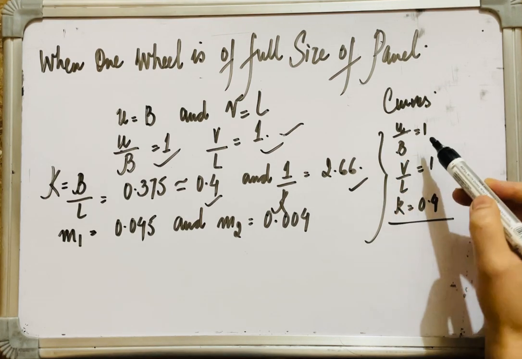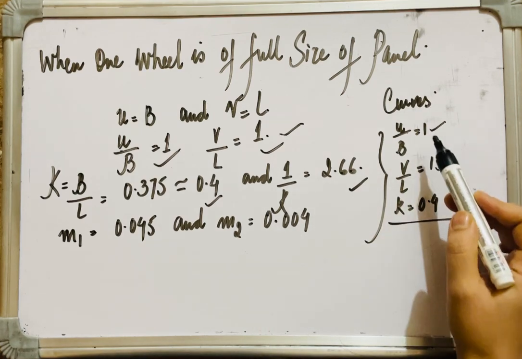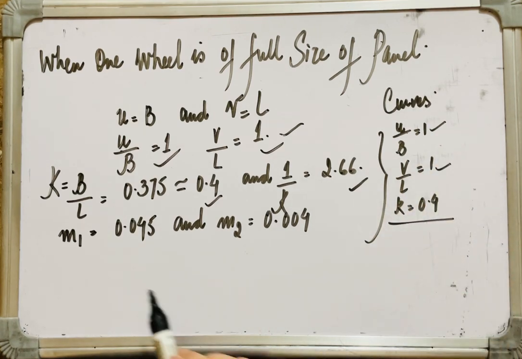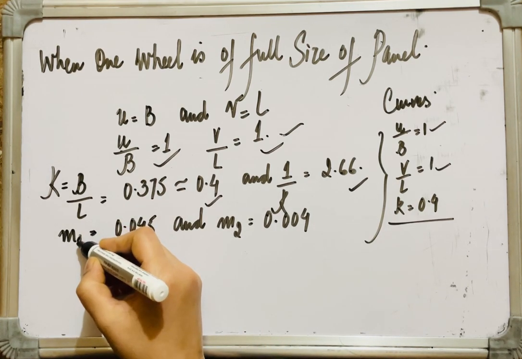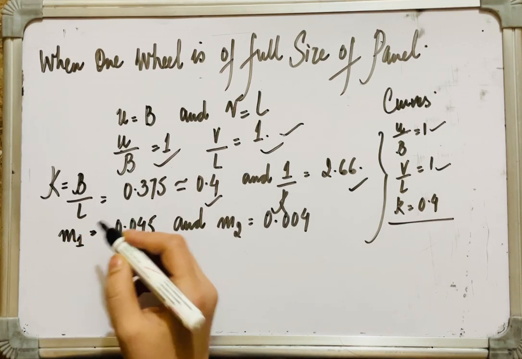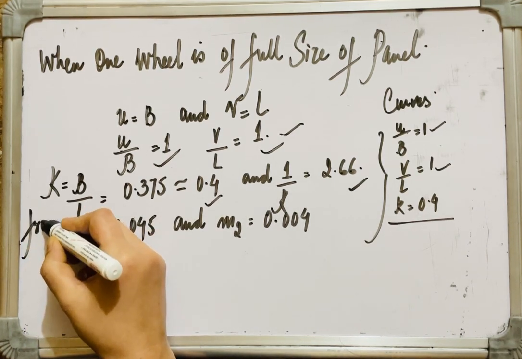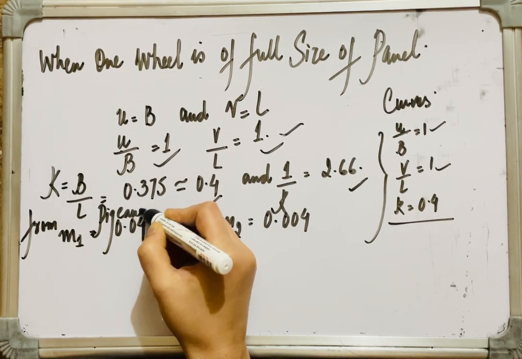Then I calculated moment coefficients for these ratios U by B1 and V by L1, and the moment coefficients are these. M1 is equal to 0.00045 and M2 is equal to 0.004. Now I'll calculate my bending moments. This is from Peters or Peters, howsoever you may like to pronounce it, curves.